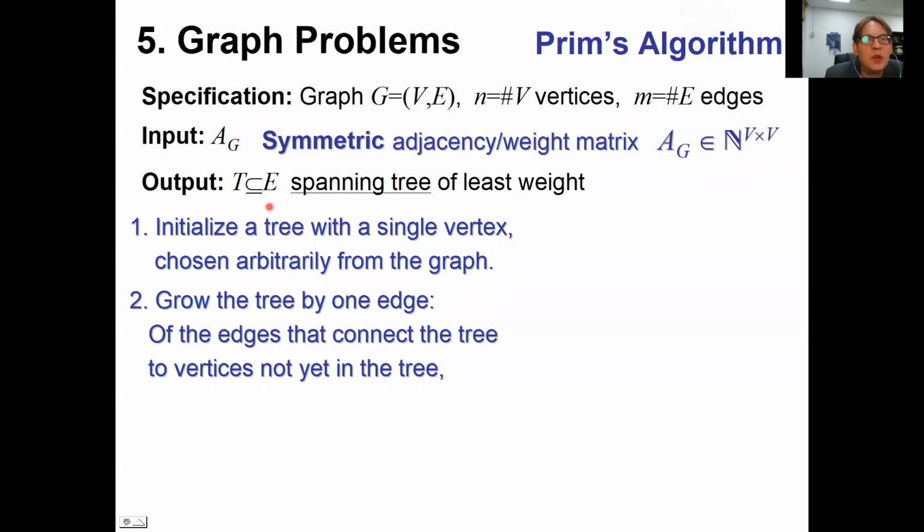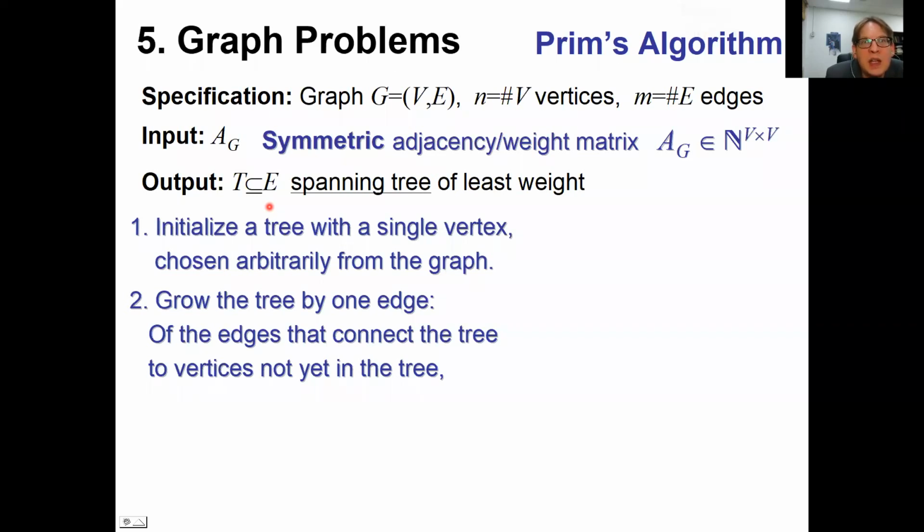And the important choice in Prim's algorithm is which edge to add. There are so many edges. If there's an initial tree, you can choose any vertex in that tree to add a new edge to a vertex that is not yet part of the tree. That's important.